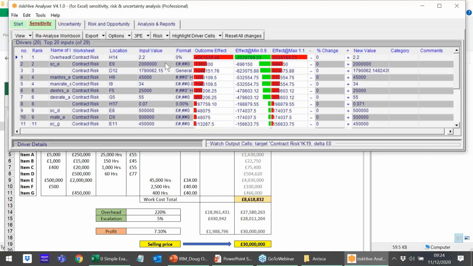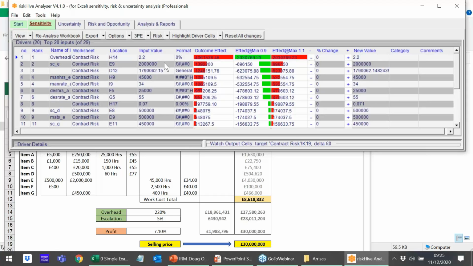So for me, this is the first purpose of sensitivity analysis. It's about finding out what the key drivers are within a model. If we're working with big models, whether they're for costs, risks, budgets, or anything else, I think that running sensitivity analysis before we do our quantitative risk analysis, our QRA, makes a lot of sense.